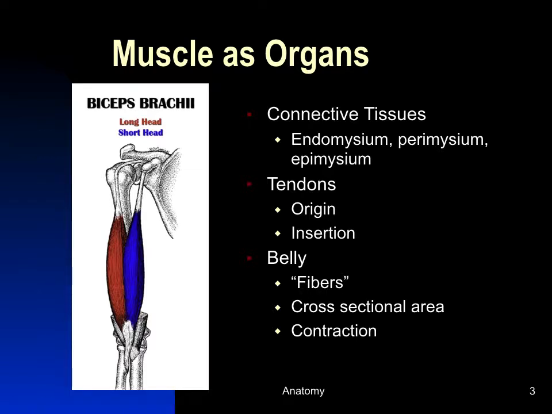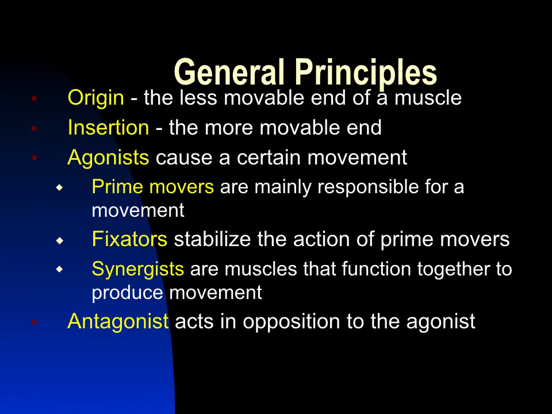The origin ones are attached to the scapula. The insertion are attached to the radius. In the center part, what looks to be like fibers are actually the skeletal muscle cells. And the thickest part of this area is referred to as the belly. And the thicker that is, the stronger the muscle is.